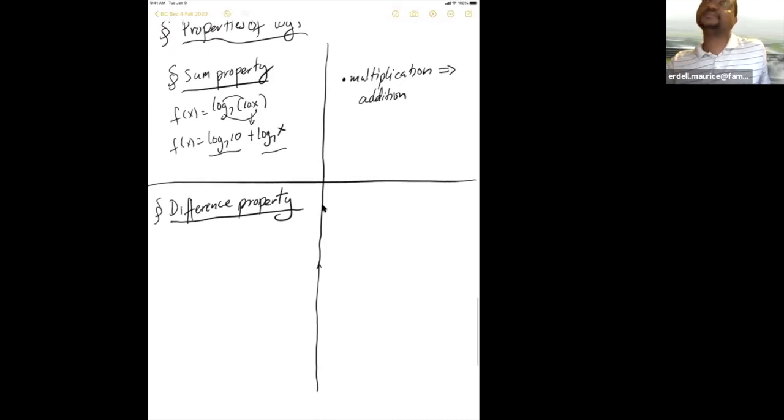Let's say f of x is equal to log base 17 of 15 divided by x right here. And I wanted to expand this logarithm.